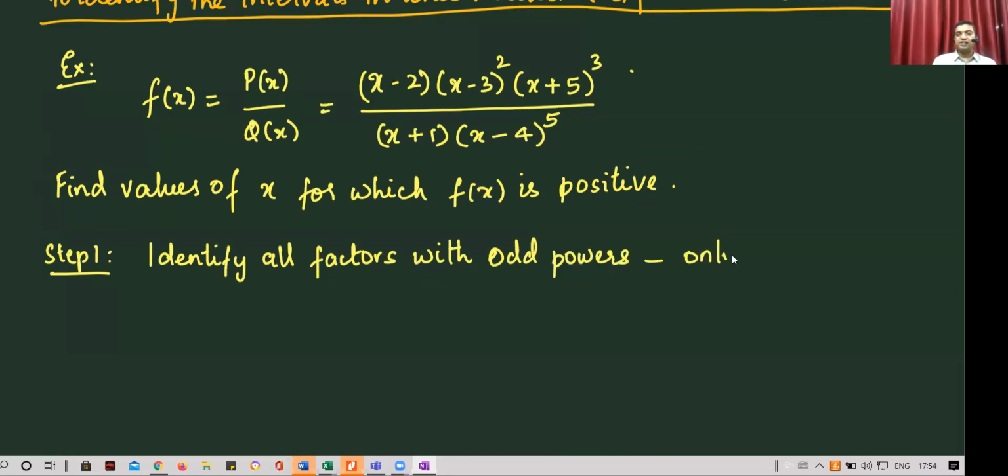Only these contribute to sign changes. What does that mean?